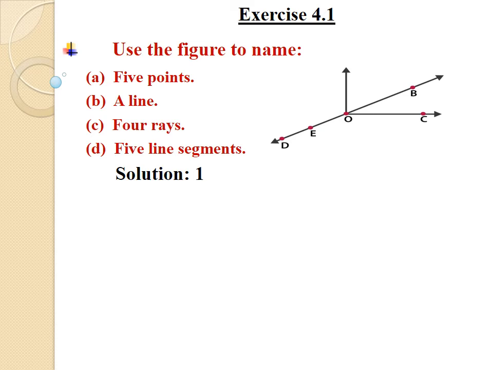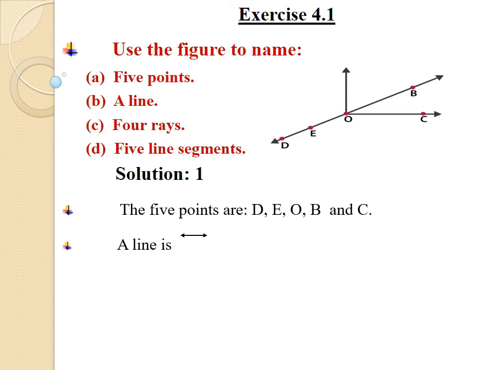Sum A. 5 points are point B, point E, point O, point D, and point C. Now, sum B. A line is line BD. Now, sum C. 4 rays are ray OE, ray OD, ray OB, and ray OC.